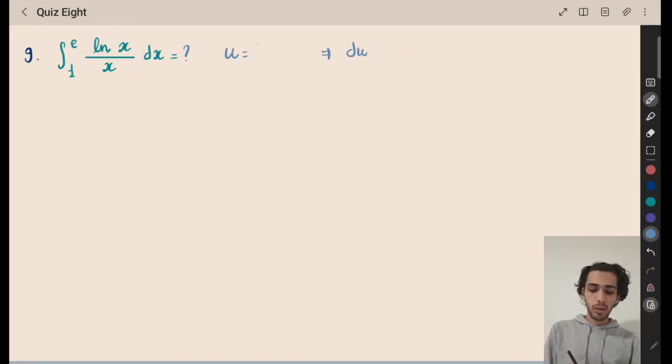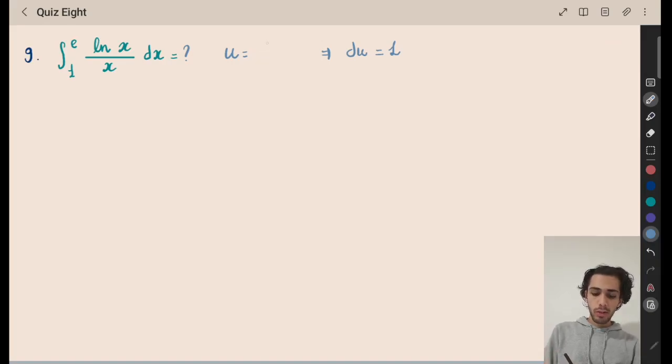If I, for example, take u to be x, the derivative of u is 1. Okay, 1 is there, so we'll just get ln of u over u, but that's probably not that productive.